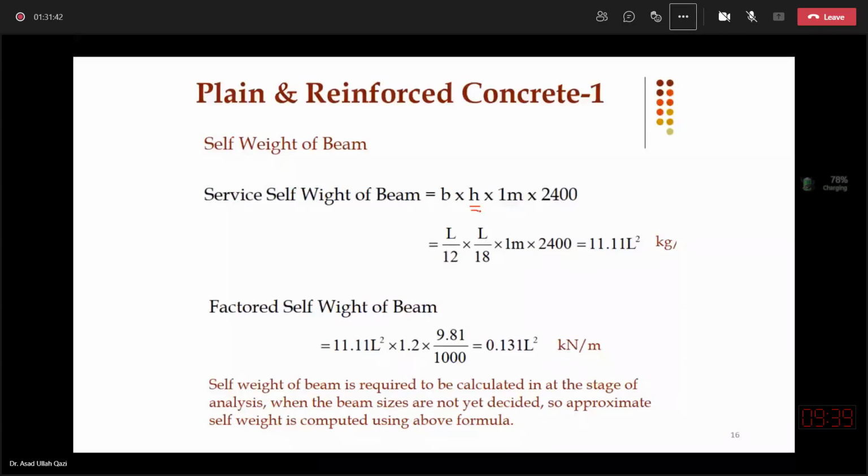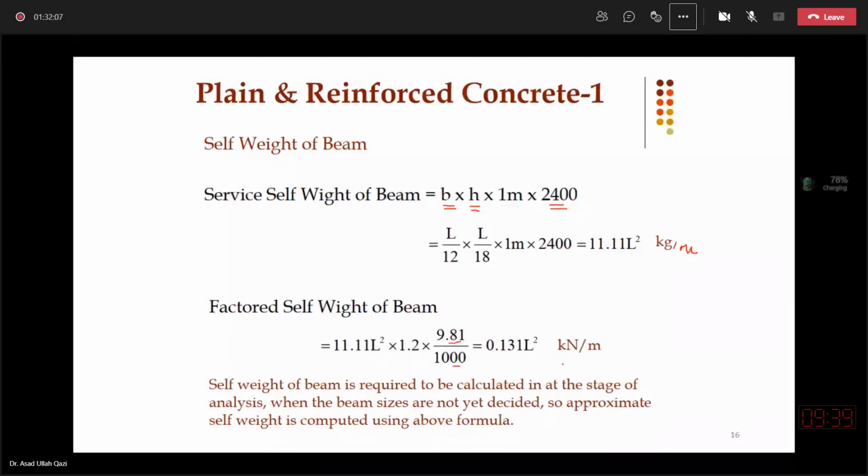You can multiply it with the density, and in this way you can get per unit length the self weight of the beam in kg per meter. And finally you can multiply it with 9.81 divided by 1000 to convert the self weight into kilonewton per meter.